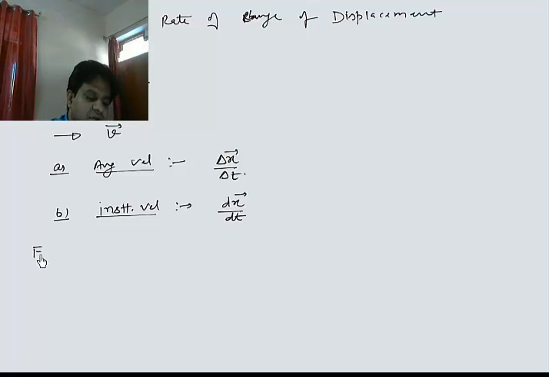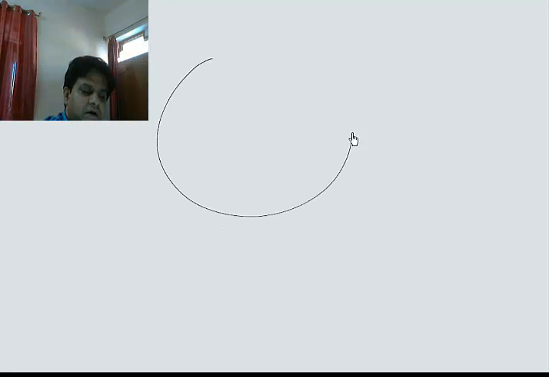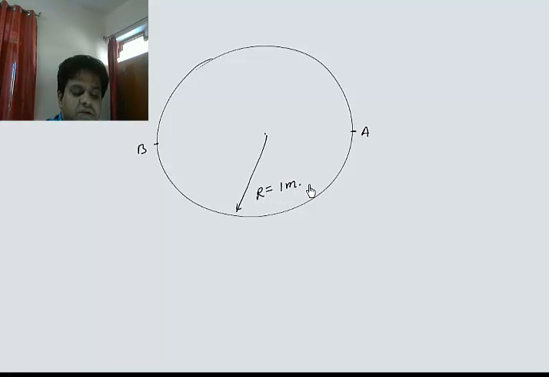So let's take a simple example of velocity. A particle moves from this point A to this point B. The radius of the circle is 1 meter. The particle keeps on moving with a fixed speed of 2 meter per second.